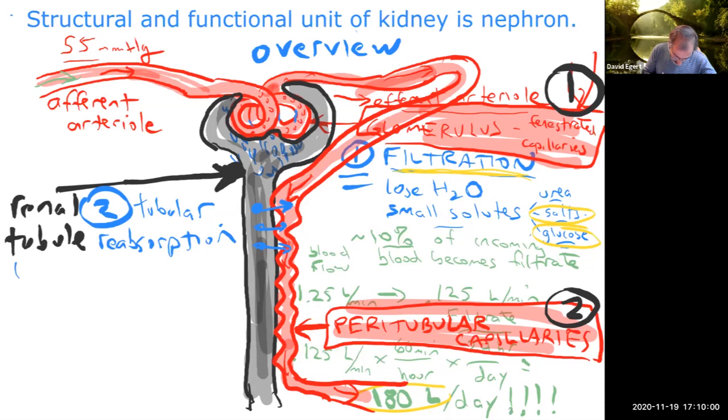Basically, almost all of the water, the nutrients, etc. Anything in that filtrate that you want to keep in your body, you have to move from the tubule back into your bloodstream. Again, we're going to bring back 99% of the water. We're going to bring back all of the nutrients like the glucose. Things like salt, it depends on your body's needs. Maybe you'll pull it back, maybe you won't.